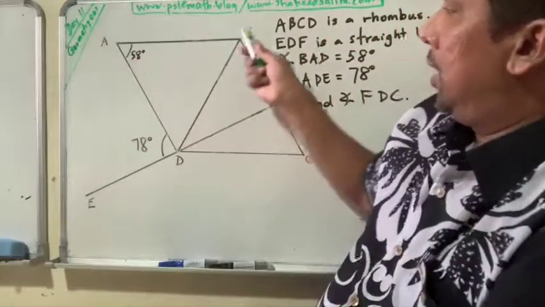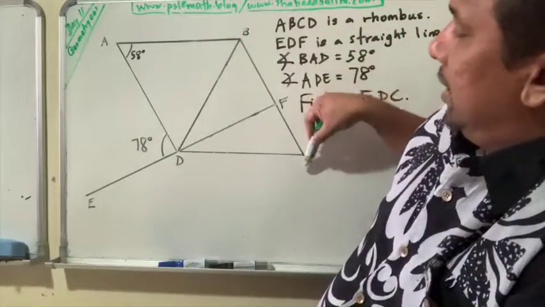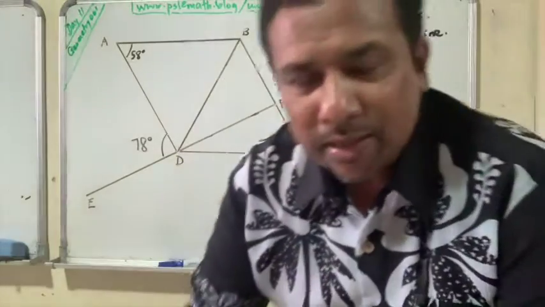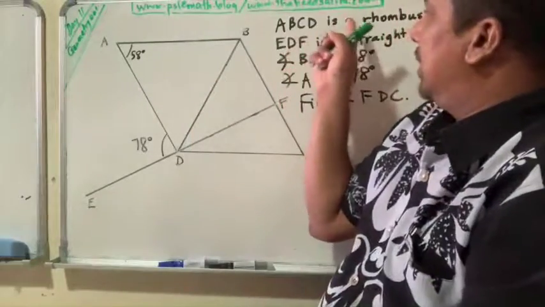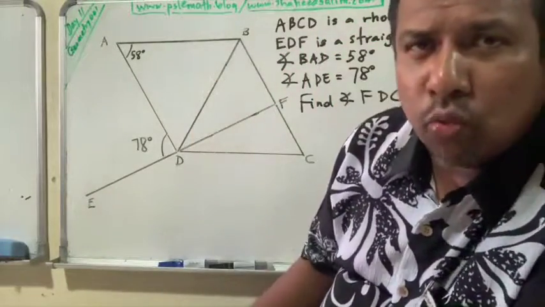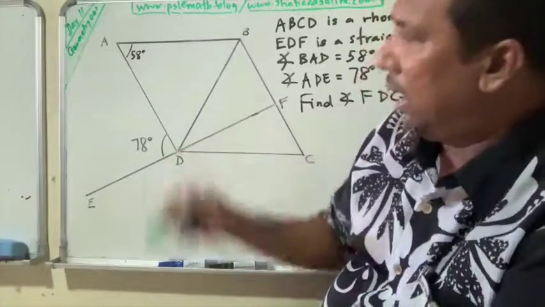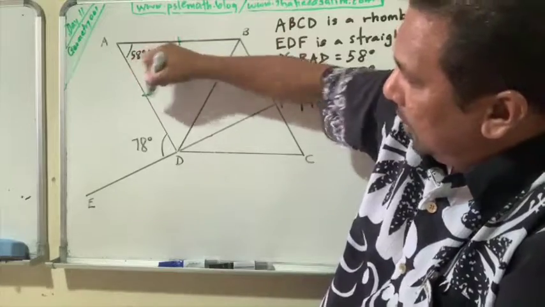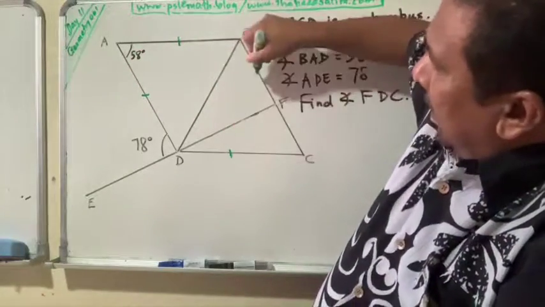Can you see that AB is the same length as CD, same length as BC too, and AD. So once you read this statement that ABCD is a rhombus, you want to indicate on your diagram that it has the same length by putting a marking like this.